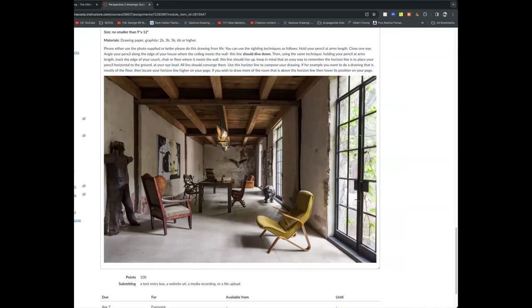If you want to get yourselves together, you can get a piece of paper out. And what I'll do is use my mouse to indicate where we have our horizon line in this photo, and go ahead and draw it. Any questions you have? Okay.